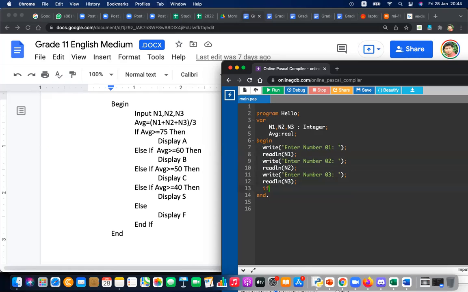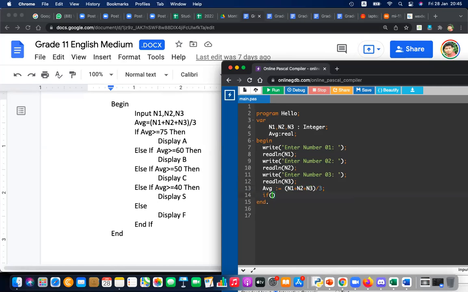We need to find the average, sorry. Average is equal to number 1 plus number 2 plus number 3 divided by 3.